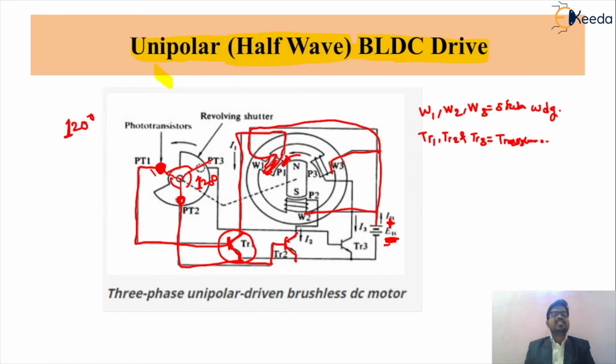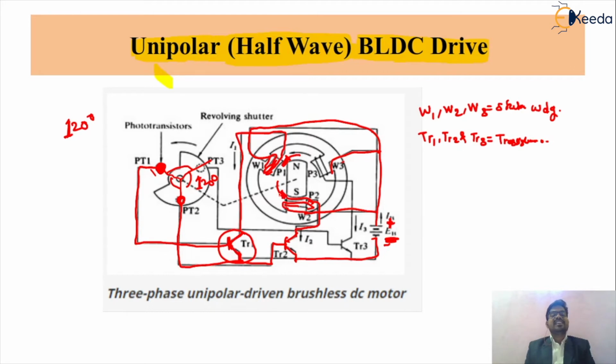So the only supply will go to the particular winding W2. W2 is connected to the negative supply, because as we have seen, the positive supply is connected to this particular winding, and by the use of phototransistor action 2, this transistor is connected to that particular winding, and we complete the supply. So according to that, your rotor position will change.